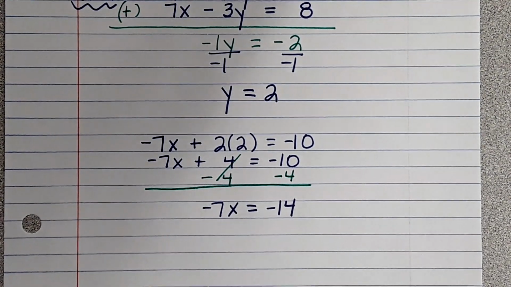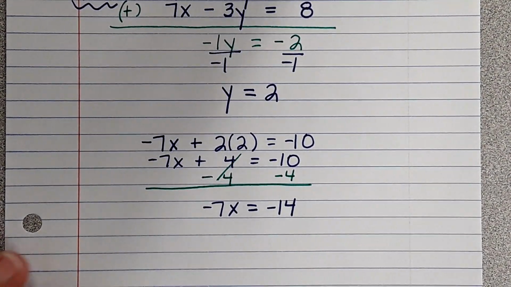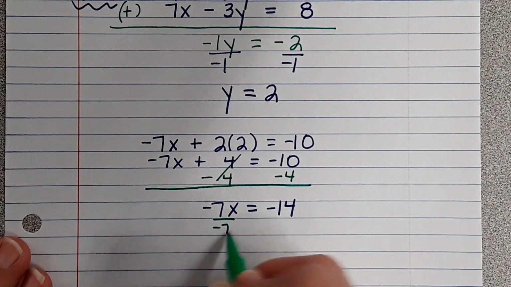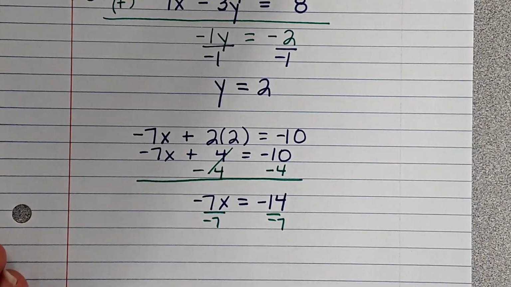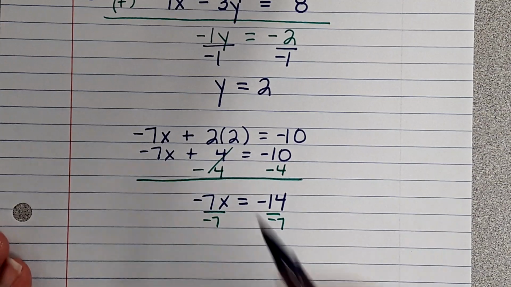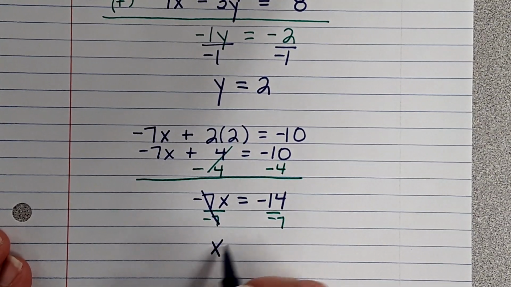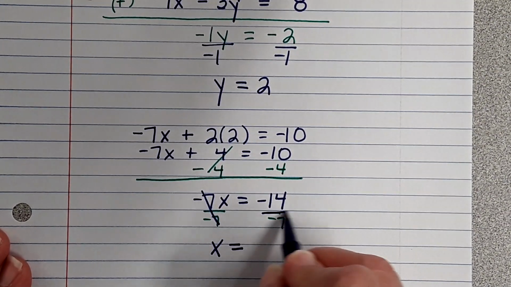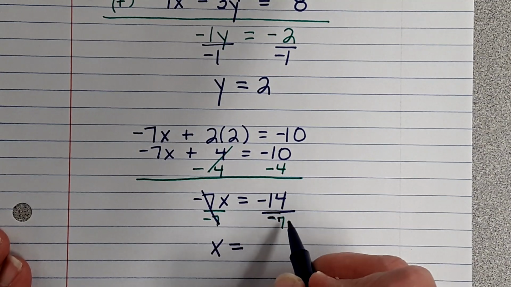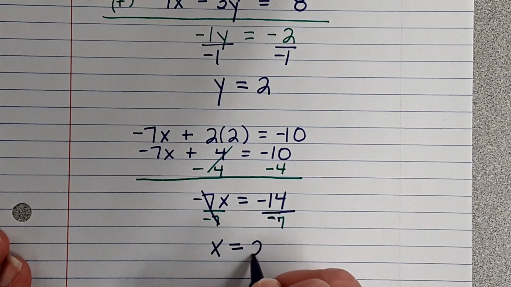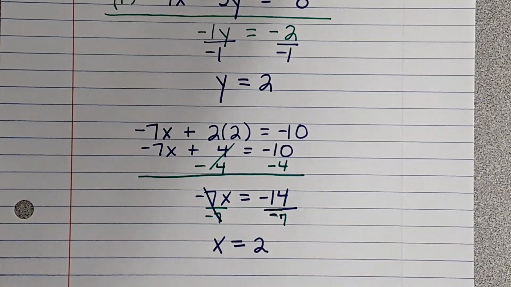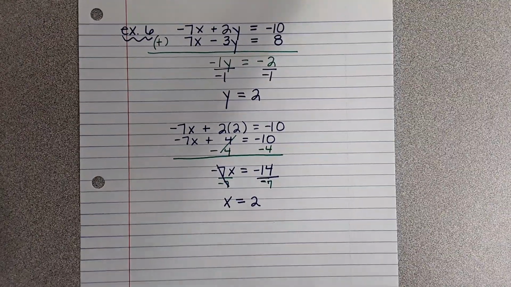Now what am I going to do? Divide by what? So, negative 14 divided by negative 7 is positive 2. Now, what should we do?